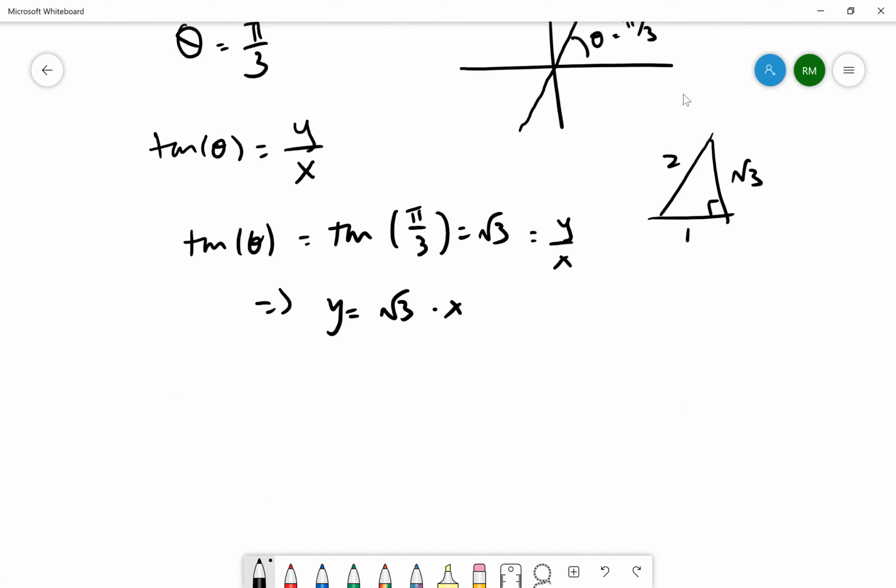And one more graph that might be a little more interesting is the graph r equals secant theta. Now that's 1 over the cosine of theta. So you might be wondering, I'm not really sure what graph this is. Well, let's take a look.